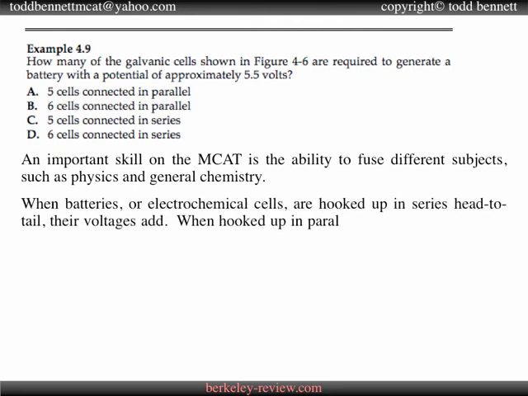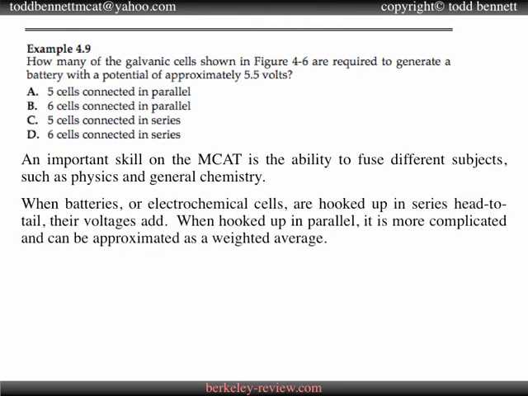Batteries, when you hook them up in series, head to tail, head to tail, head to tail, and connect it like that, they add directly. So batteries in series add. That's why if you have a flashlight, a lot of times you'll hook up the batteries in that same fashion, head to tail, to increase the voltage out of the collective set of cells. In parallel, it's a little more complicated. You get a kind of weighted average. Again, not sure why most physics classes don't cover this, but I'm tossing it to you here.